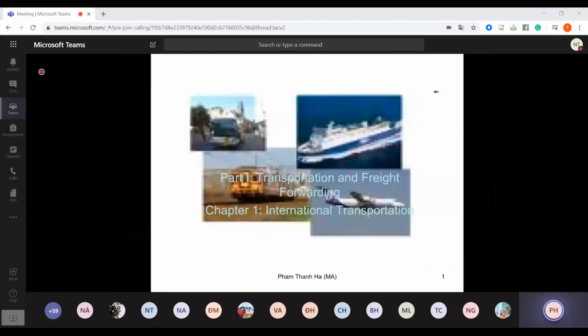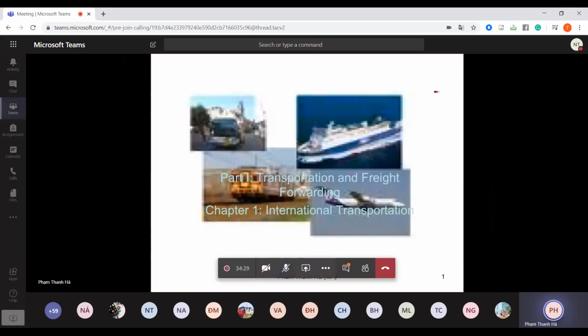From the second chapter, I'd like to focus on transportation and also freight forwarding. As I mentioned in my syllabus previously, we come from the sales contract, the relationship between the sellers and the buyers. In this course, I'd like to introduce how to transport, how to move the goods from the seller's premises to the buyer's premises.